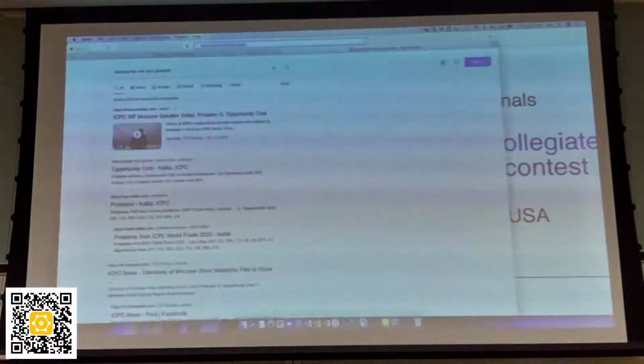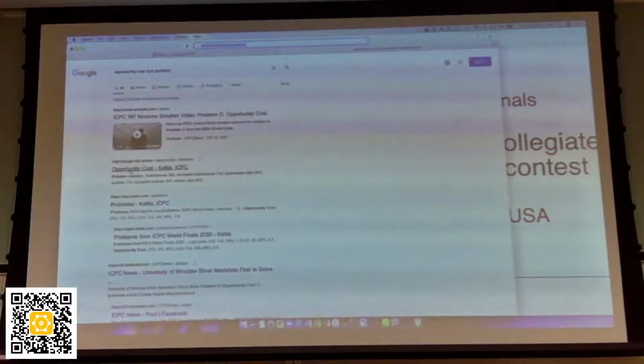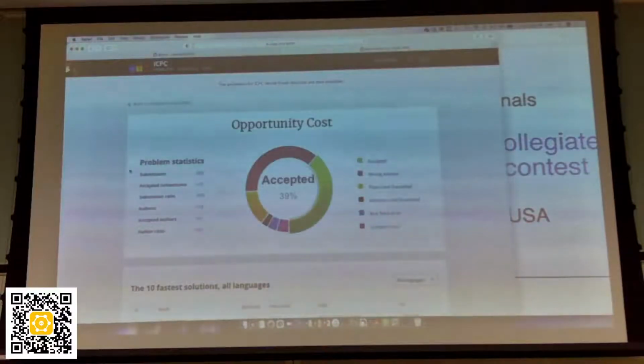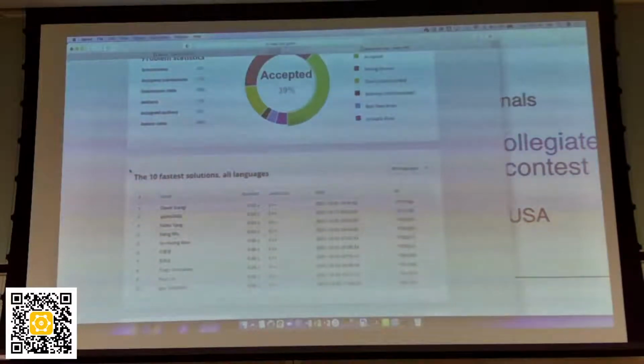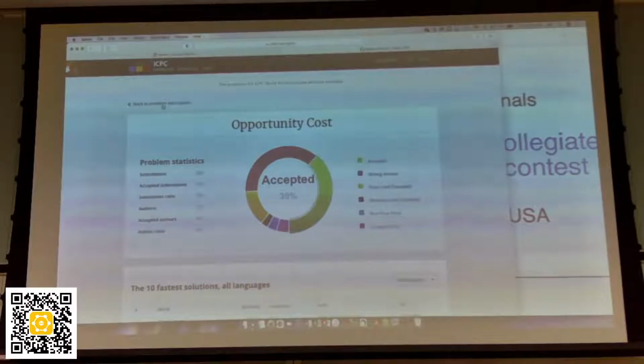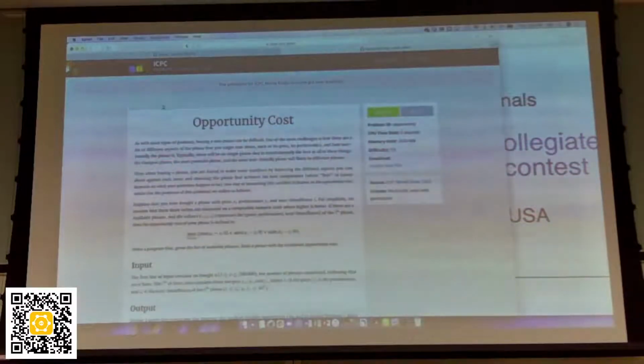Okay, let's hope it pulls it up. Here you go. How do I get there? It'll be at the top. Yeah? The problem description. Okay. All right, good.